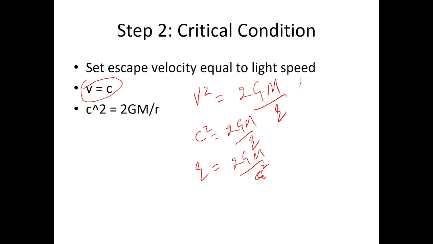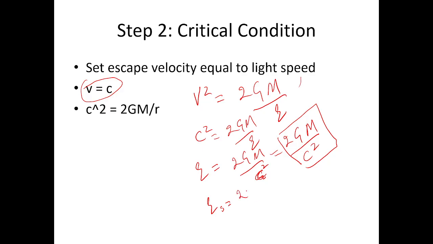This is c, the velocity of light. Let me write it again, 2GM over c square. So this value is called the Schwarzschild radius, r_s.